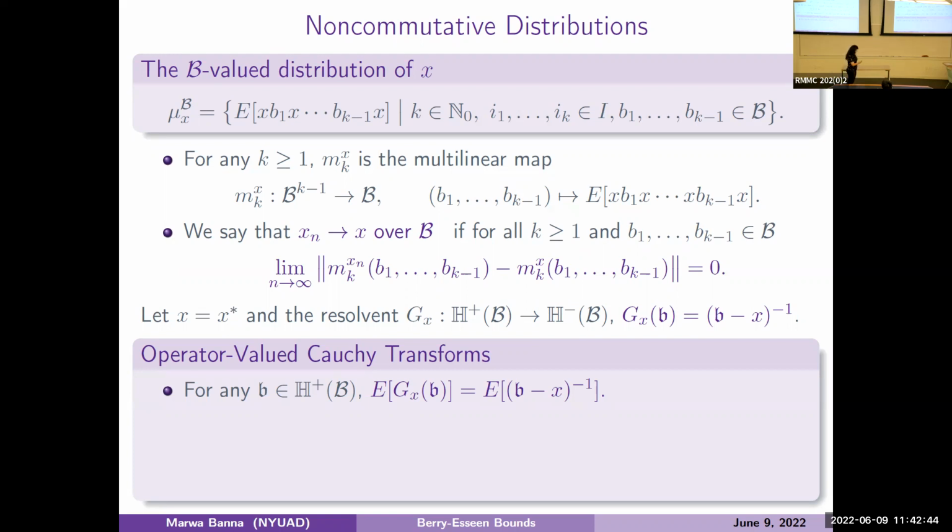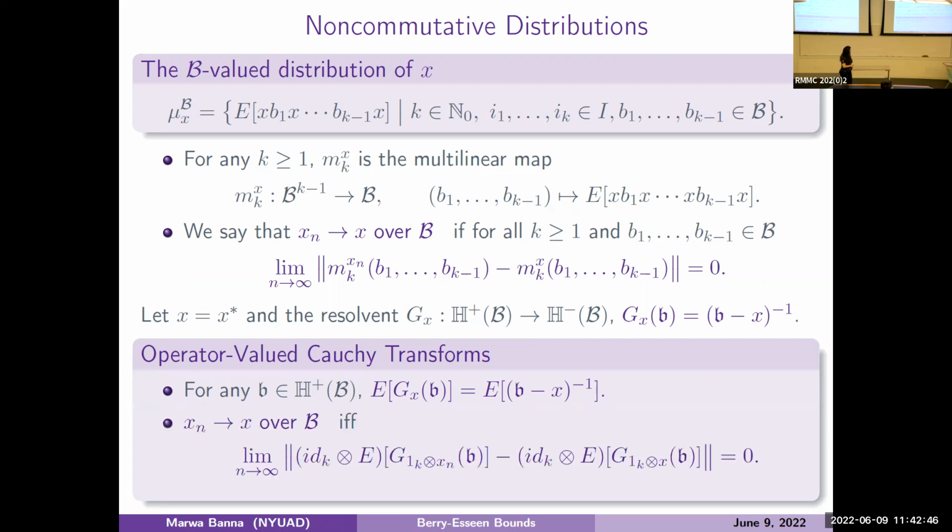But in this case, in order to prove that the Cauchy transform gives us convergence in distribution over B, it is not enough to prove that E of x_n converges to E of x in norm, but we need to prove this for all amplifications of x_n in order to capture all these mixed moments in B. So we need to prove this for all k.